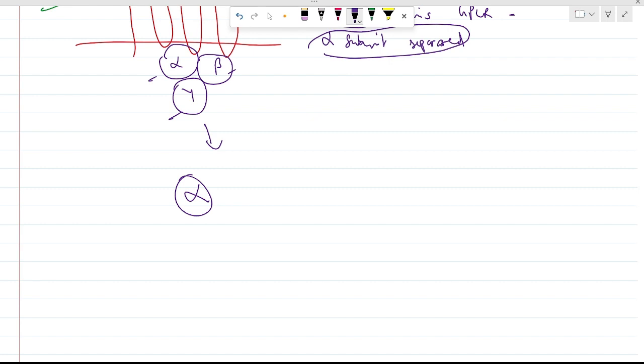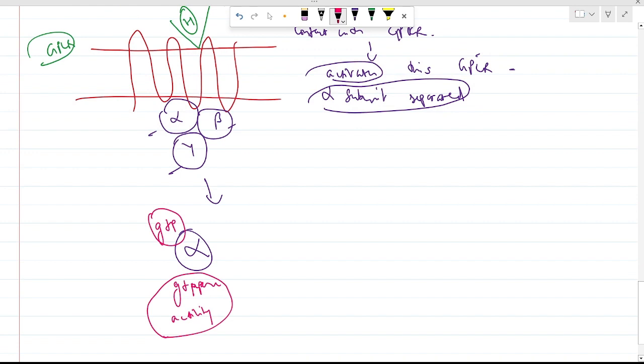To this alpha subunit, a molecule of GTP gets attached. This alpha subunit has intrinsic GTPase activity. So when this alpha subunit gets separated, it finally leads to this GTP plus alpha subunit.